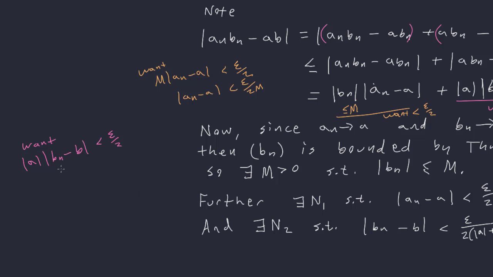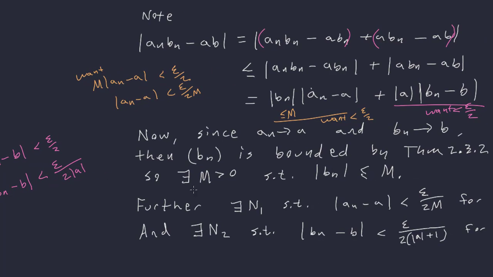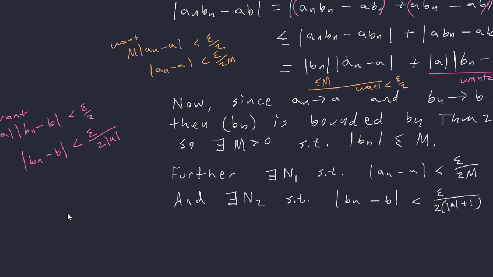If I move this a over, I'll get this. However, this is a problem if a is 0. So to mitigate that, that's why I put in the plus 1 here, so I'm not dividing by 0.